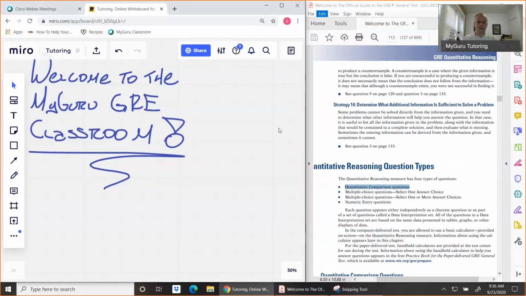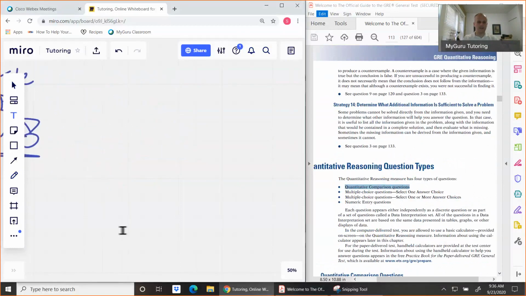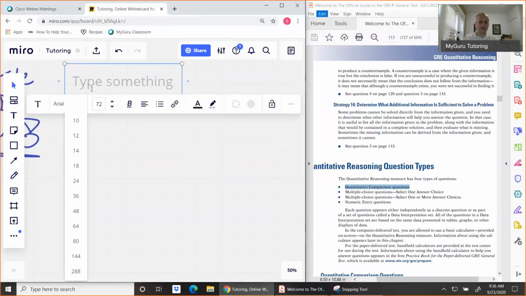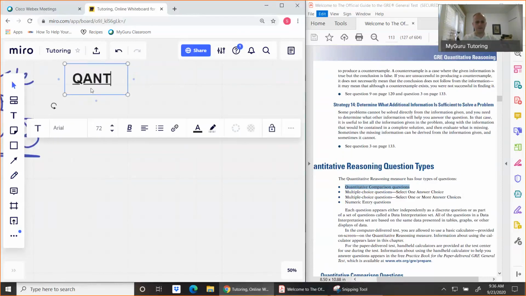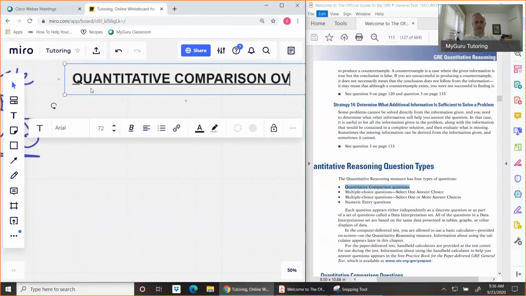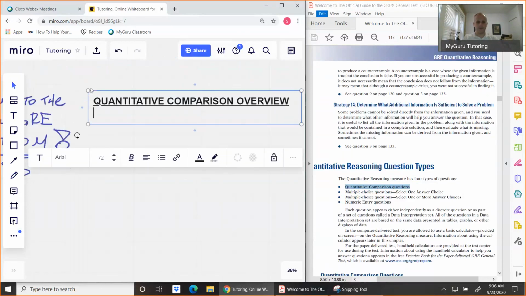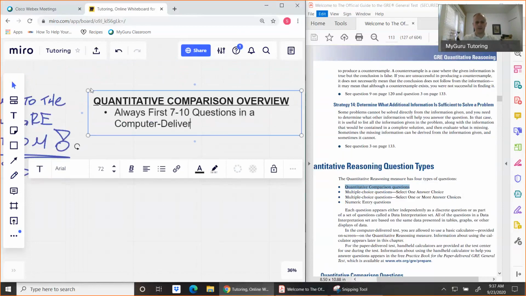So just from a definitional standpoint, quantitative comparison overview. They are always the first, generally 7 to 10 questions. Technically, it can go either way, but usually 8 or 9 in a computer delivered GRE.